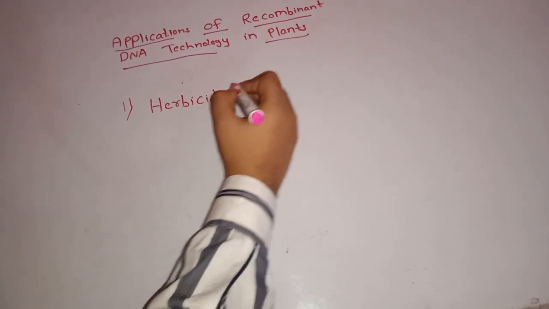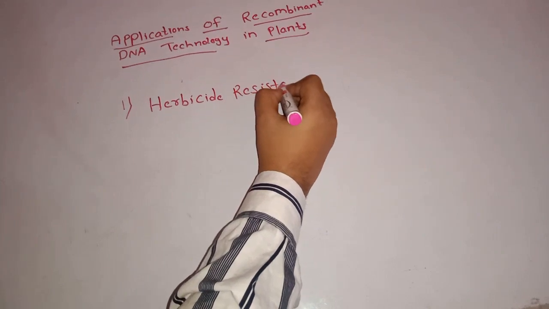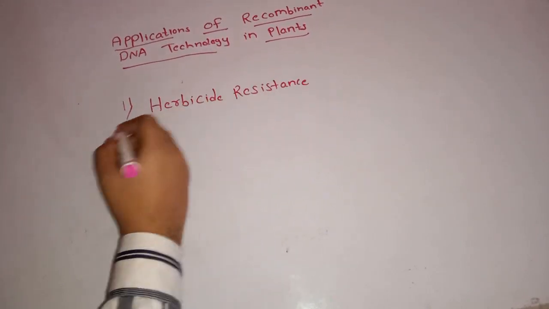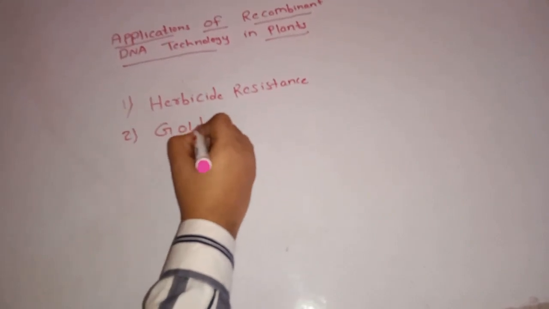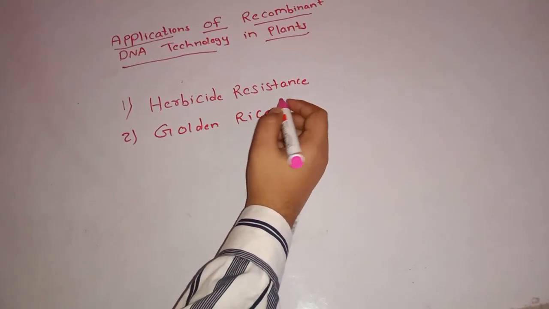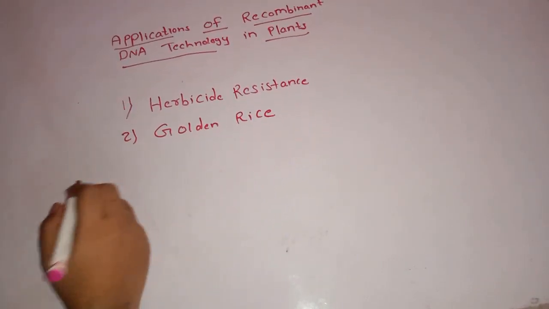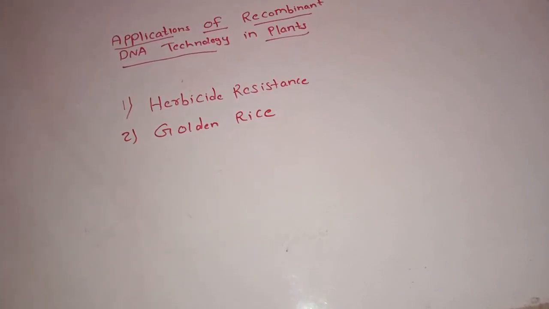In today's video, we will be studying the application of recombinant DNA technology in plants, the introduction of foreign DNA into plants, and certain examples, for example, herbicide-resistant crops and golden rice.